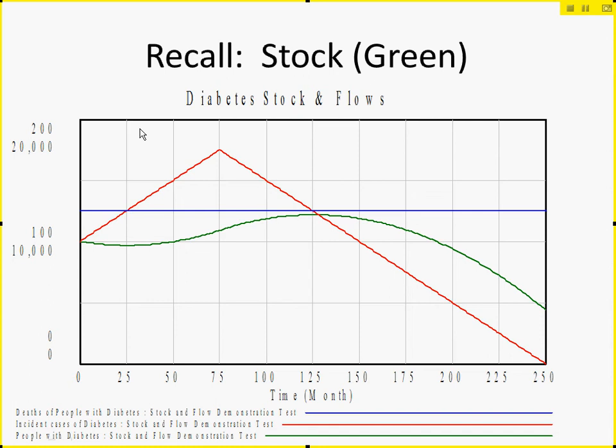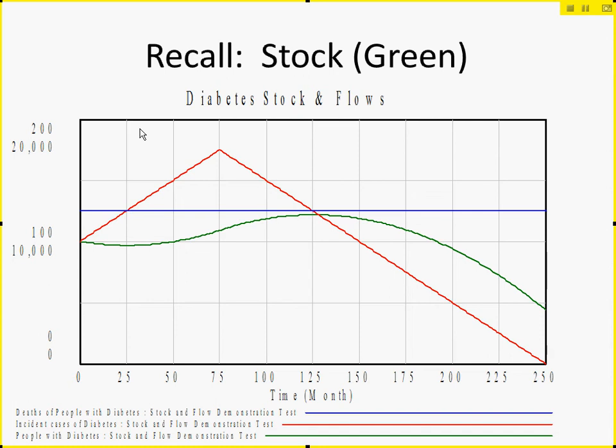When I say net, I mean in minus out, right? Then the value of that stock will rise quickly. If we have a net outflow, its value will decline. So the changes in that stock are dictated by the flows. The actual value of the stock, however, will be affected by its initial value. Okay, so that's one point.